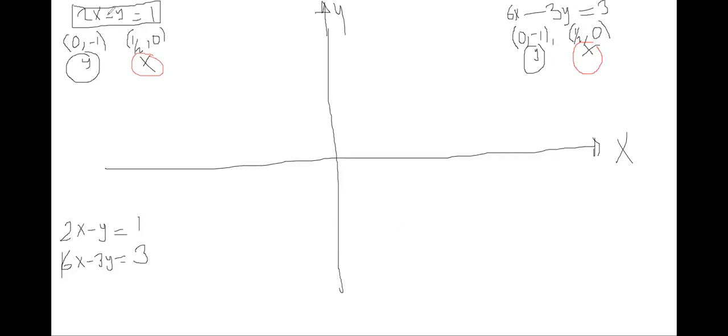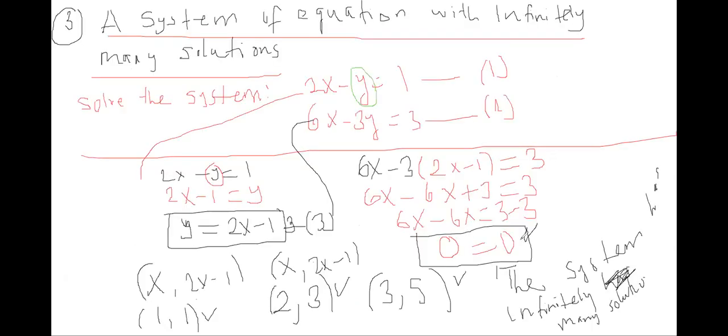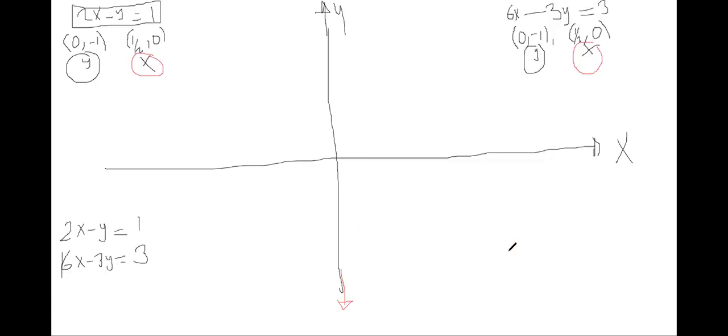It's telling you that the graphs of these two equations should be the same. That's why we have 0 equals 0. That is the mathematical interpretation. It makes our life easier: instead of drawing two lines on a plane, we have only one.